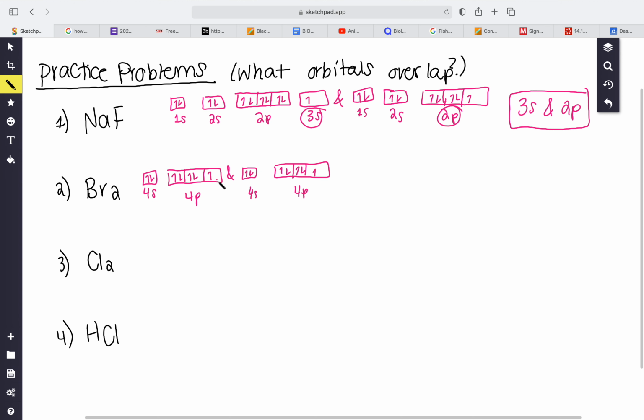The orbitals that are half-filled are both going to be in the 4p. So our answer here is going to be 4p and 4p. It's a lot easier if you use that shortcut, so I do highly recommend that if you're doing a problem like this.